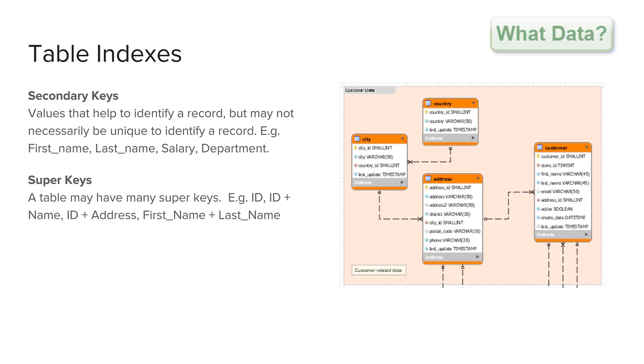Finally, we have superkeys, which are similar to compound composite keys, but are made up of a number of different permutations of key index values. For example, we might have transaction ID as a unique primary key, followed by a superkey of transaction ID plus customer name, followed by another superkey of transaction ID plus the address ID, and the final superkey of first name and last name.